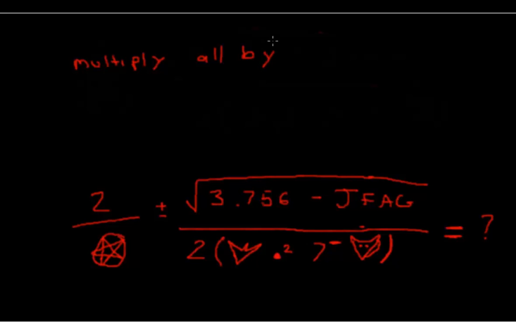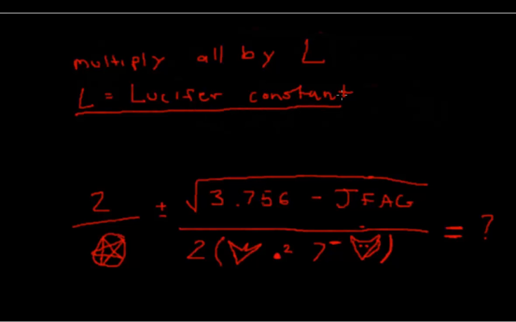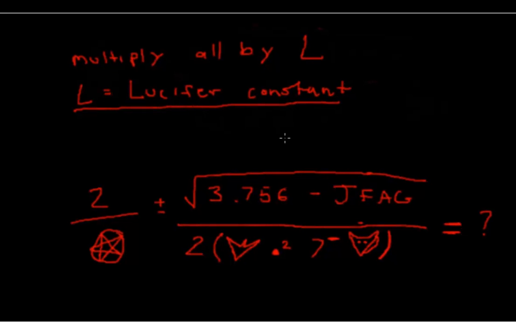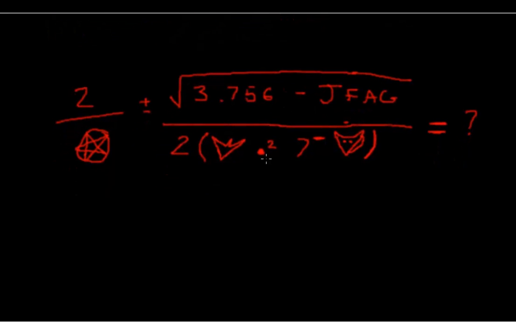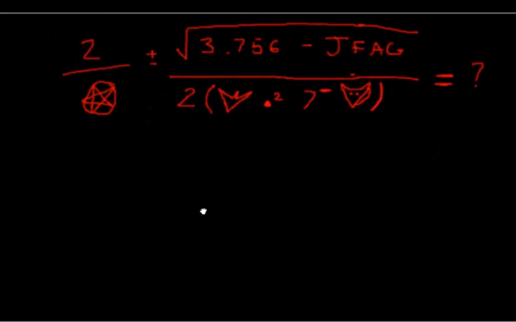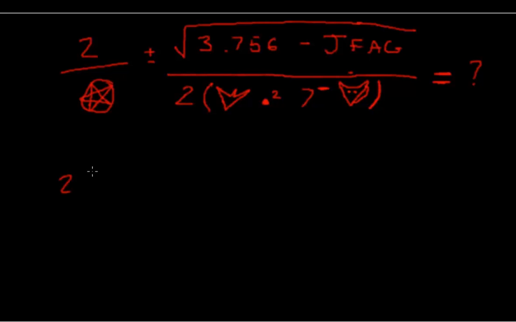Now, to get rid of Jesus, you need to multiply all by L, and all you remember is L equals Lucifer constant. So, you get this and you multiply 2 by 777.5. Give me a second here. Alright, 2 times 777.5 over pentagram variable. We leave that alone.